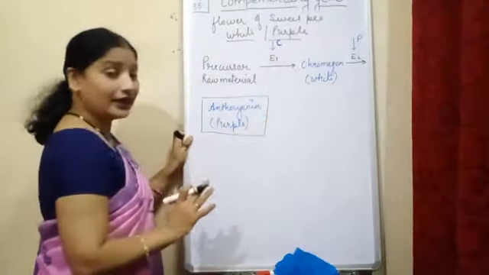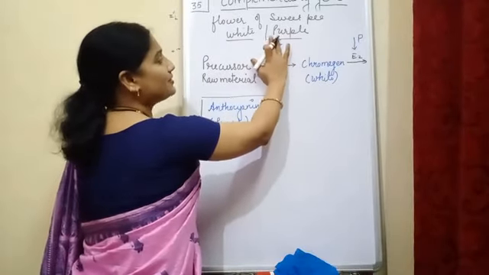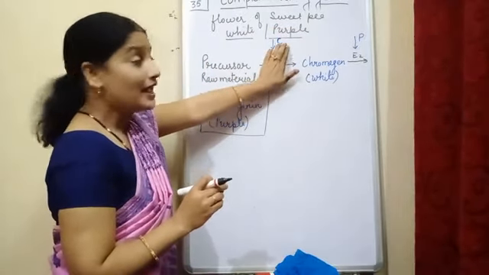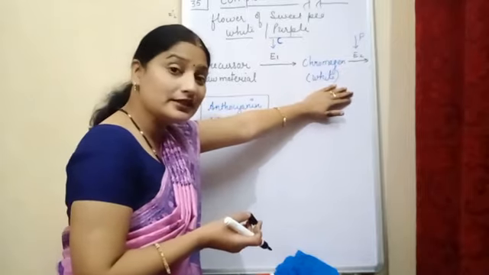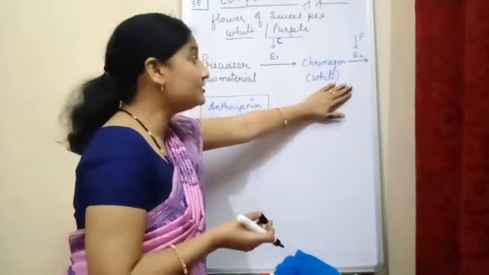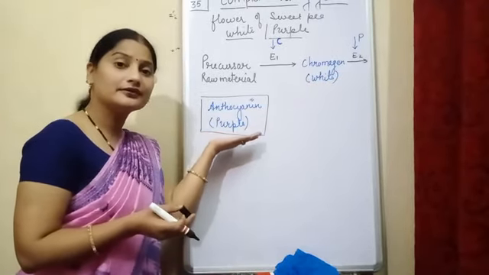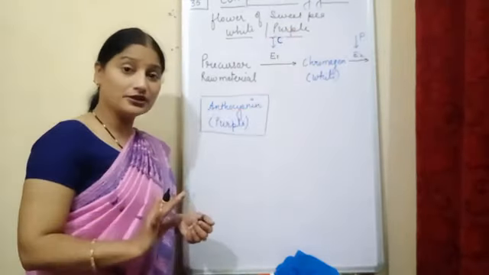They are helping each other. Now see how they are helping. Suppose enzyme C is not there, then E1 will not form, and if E1 does not form, then chromogen will not synthesize. And if chromogen will not synthesize, then how will we get the purple color? Not possible. So, this C is important.